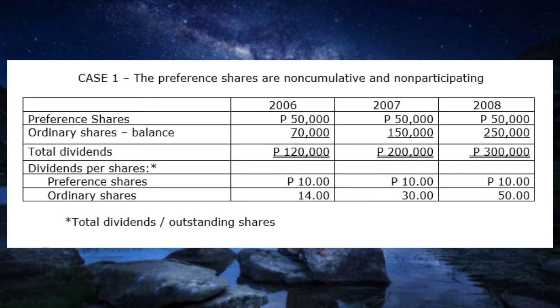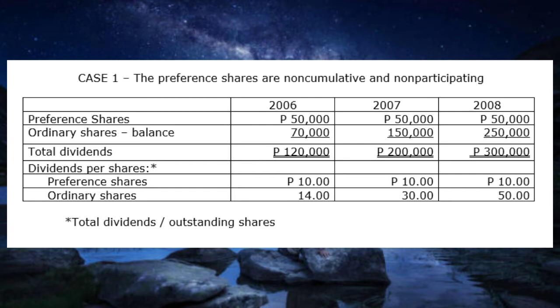Ordinary shares balance: 2006, 70,000 pesos; 2007, 150,000 pesos; 2008, 250,000 pesos. Total dividends: 2006, 120,000 pesos; 2007, 200,000 pesos; 2008, 300,000 pesos.